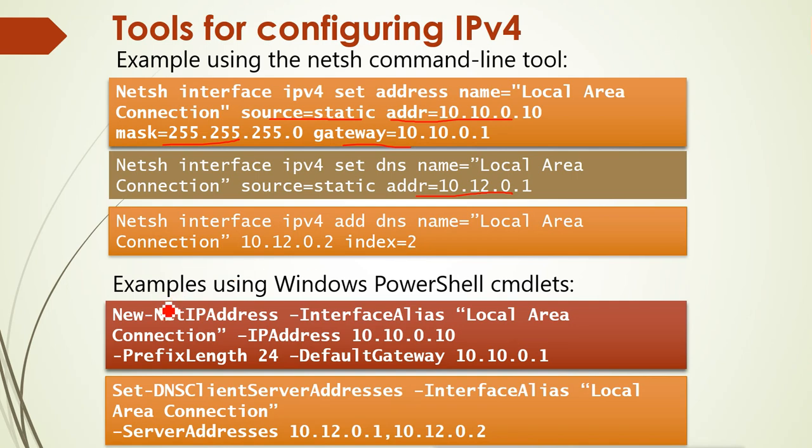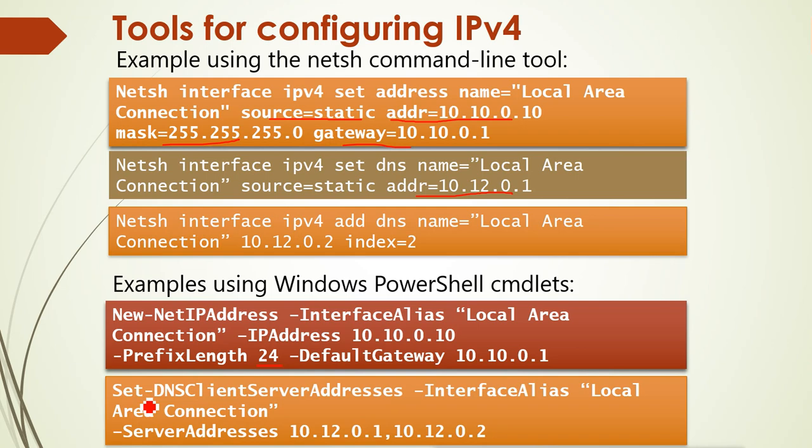For the PowerShell command, you can use the New-NetIPAddress command to add the IP address with the interface alias. You can mention the name of the interface here. Then you mention -IPAddress for the IP address, and -PrefixLength, which means your subnet mask. Then the gateway address you mention with the default gateway option. Then we can mention the DNS server.